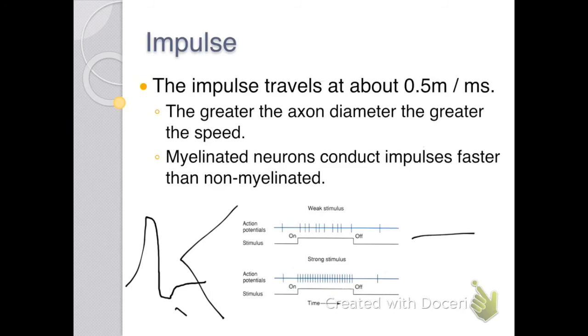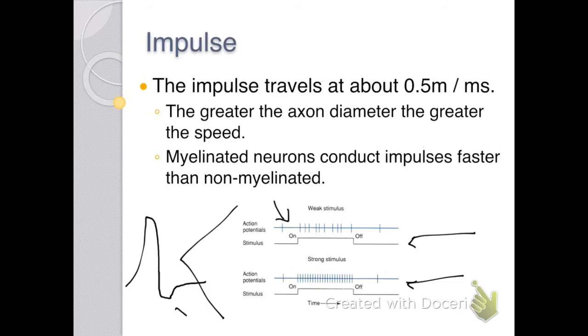For example, if you receive a weak stimulus, there is an inconsistent incoming of action potentials. So they come irregularly, there's large gaps, and so we perceive this as a softer, weaker feeling. If we have a very strong stimulus, and often this would be pain, the signals are going to be coming in regularly, close together, and it's going to intensify the sensation that we perceive.